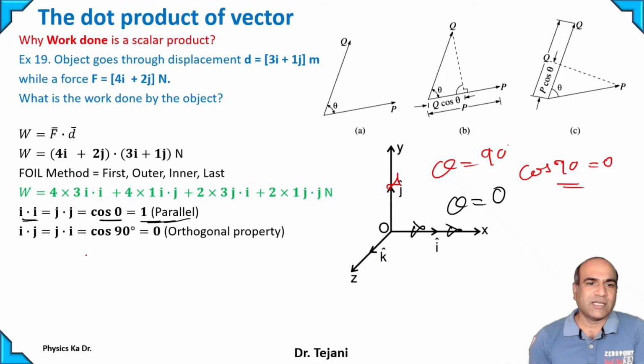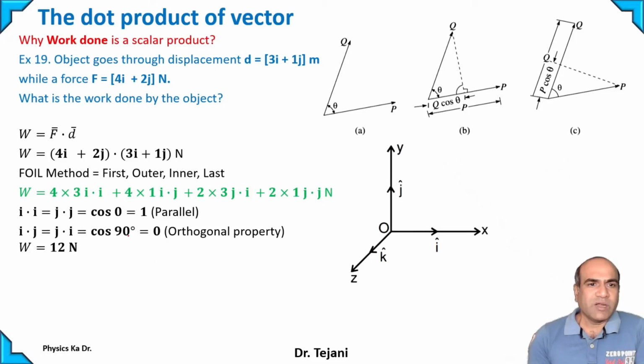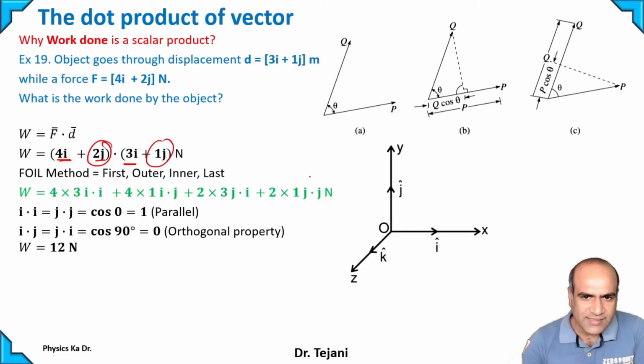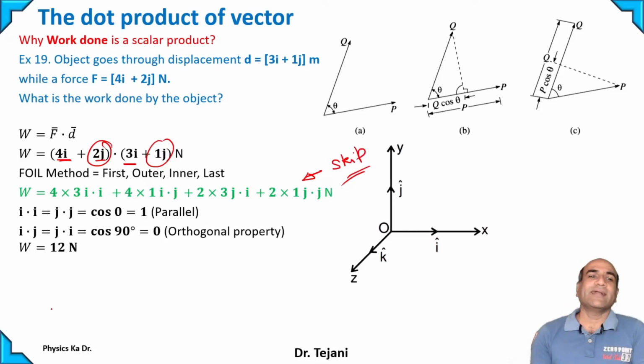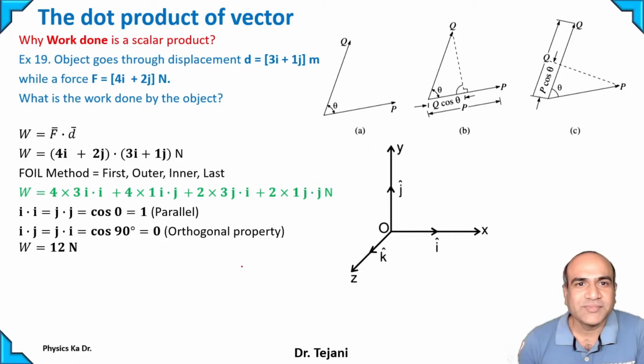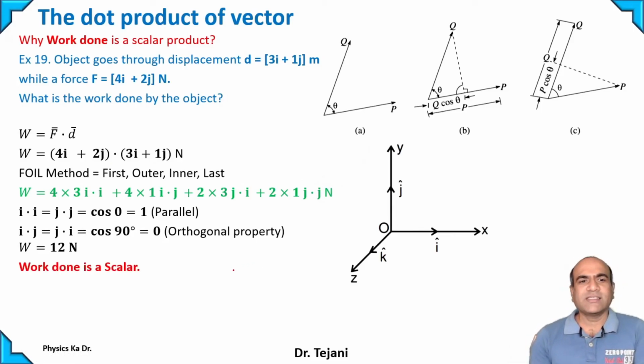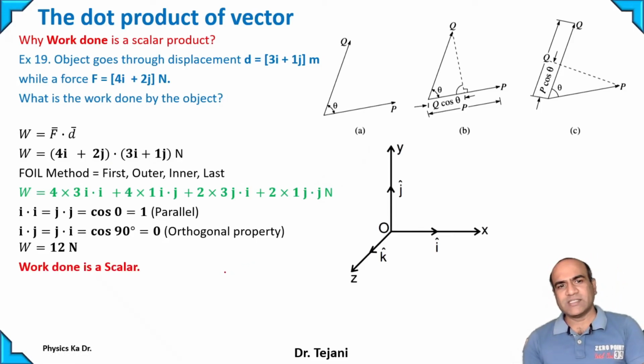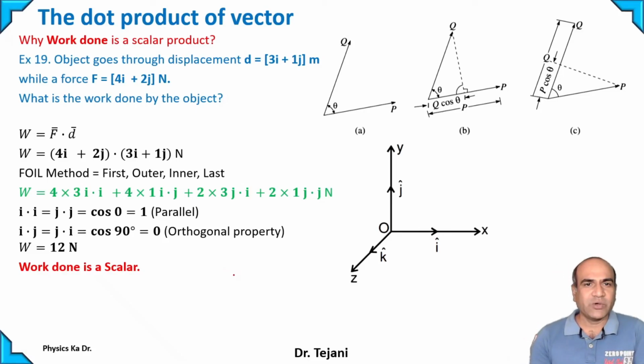So it has to be cancelled out. So ultimately, you just need to multiply i with i and j with j. This green portion you may skip, it is only for our understanding. So work done is a scalar quantity because it takes the magnitude of both the vectors.